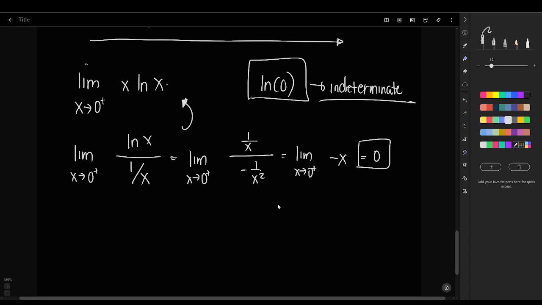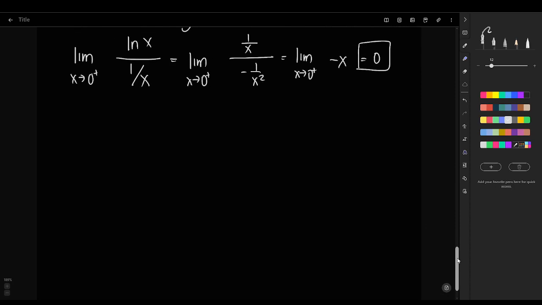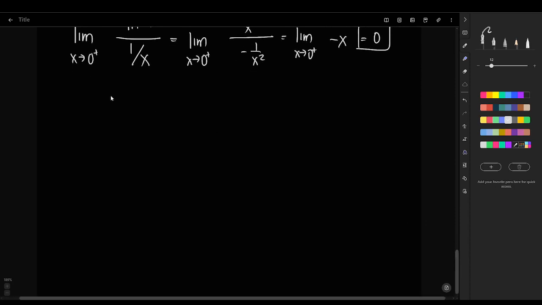What other forms of indeterminate functions? Let's say when your variable x is approaching infinity, some of the equations may lead to indeterminate values, such as this one.